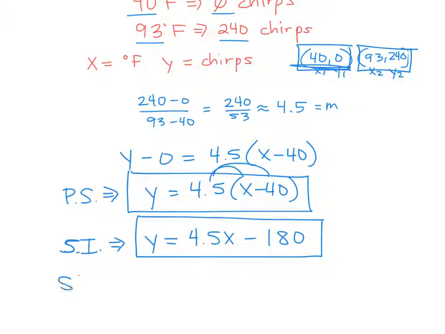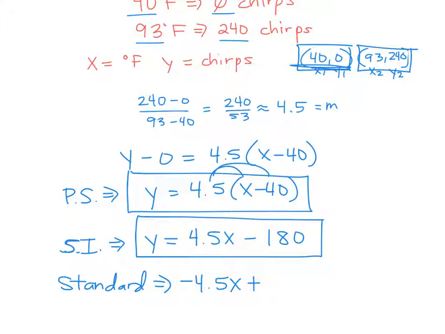How do I make this standard form? You gotta move the x over, or you can move the y over and move the 180 the other way. Typically with standard form, it's preferred to have less negatives, but I don't care if you leave it with the more negatives. So if you're gonna move the 4.5 over, you would subtract 4.5 from both sides.